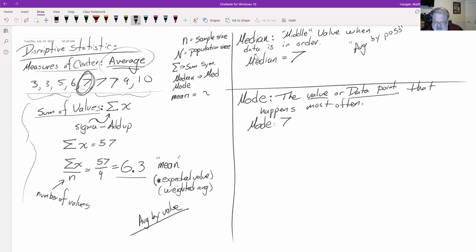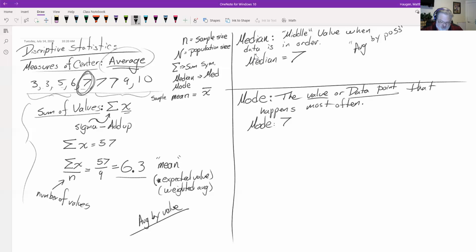It's X for when X is our variable. So if we're calling all of these different values X, our mean is X bar. We do read that symbol, X with a little line on top of it, as X bar, and that will be our symbol for a sample mean.